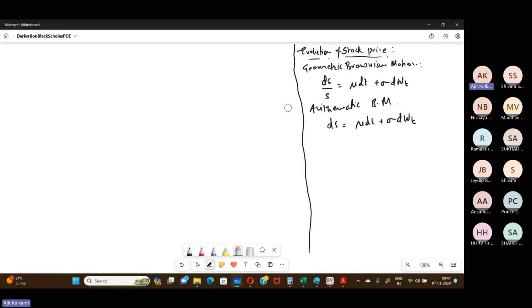Correct. That is what you see mathematically, right? But what is the meaning of this versus this? What does dS represent? Geometric Brownian motion will change in terms of log, I think.